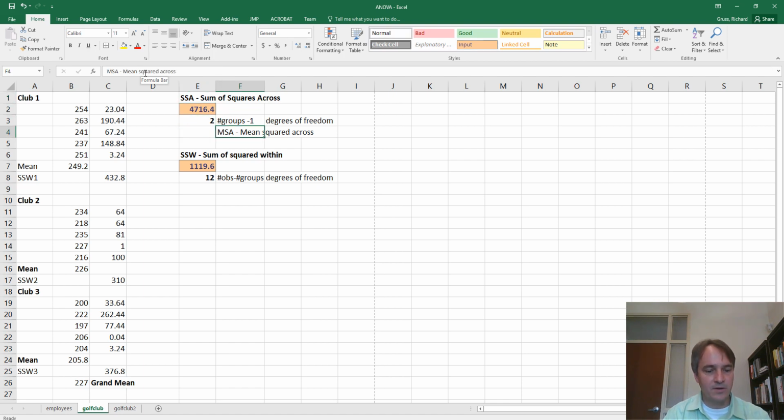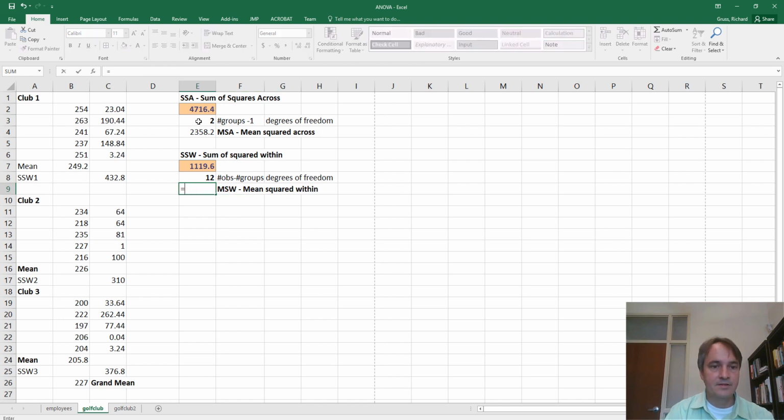This is going to be mean squared across. And all we're going to do is take this and divide by this. And again, the reason we do this is to just make sure that they're on a reasonable scale so that we can actually compare them. And this is going to be, as you guessed it, mean squared within, and it's going to be this divided by this.